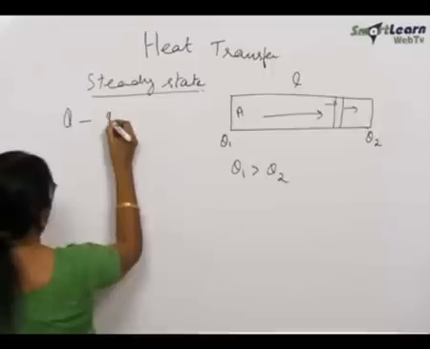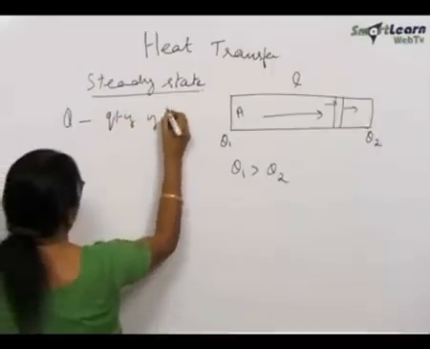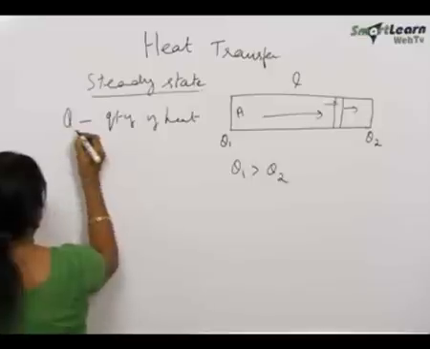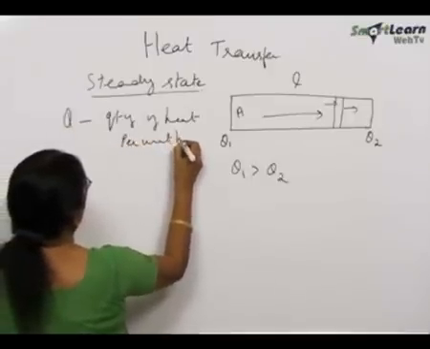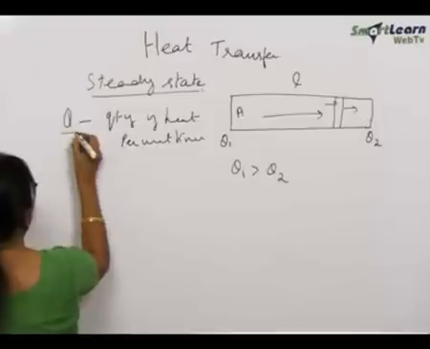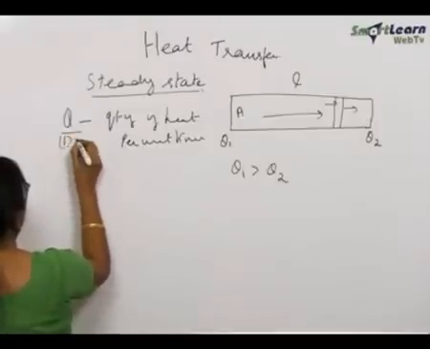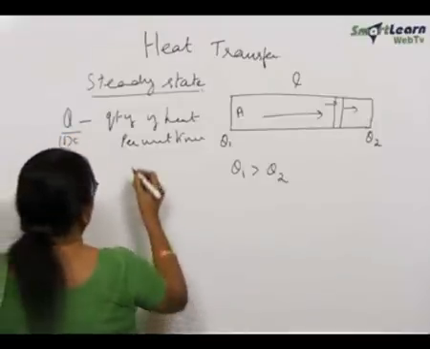So, Q is the quantity of heat per unit time. Actually it is Q energy per 1 second, that is the meaning.